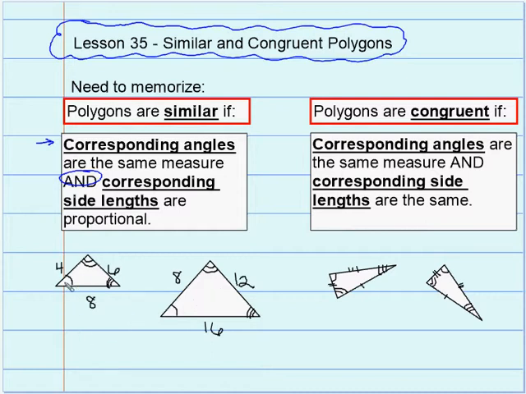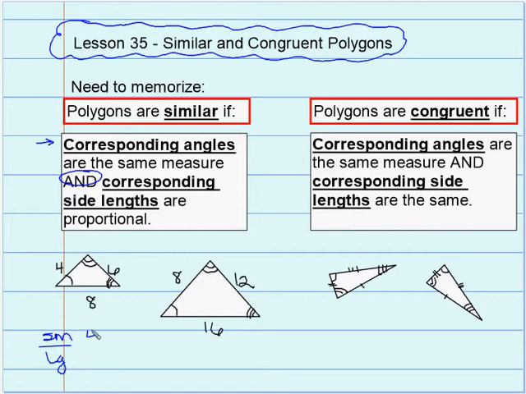So the side between the 1 marked angle and the 2 marked angle, those need to be proportional. So I just write a ratio, and if you go small to large or large to small, that's fine, but you have to do the same on each of the side lengths. So you might want to label like small over large, or figure 1 over figure 2, whichever way you want to label them so that you remember what you're doing.